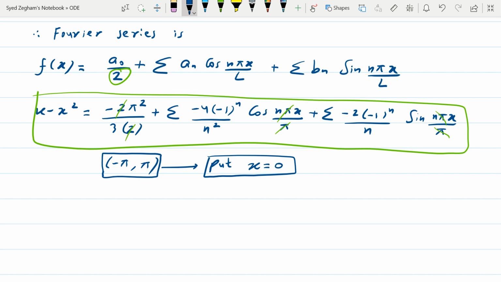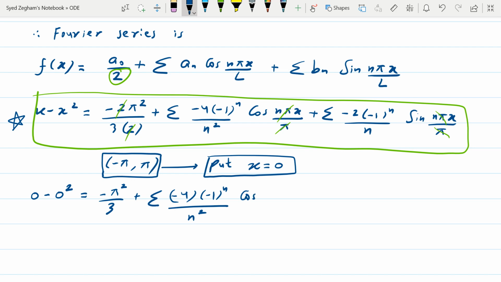So the left side will become 0 minus 0 square, which is equal to minus pi square over 3, plus summation of minus 4 times minus 1 power n divided by n square, cosine n times 0, that will become cosine 0, plus summation of minus 2 times minus 1 power n divided by n, sine n times 0, that will become sine 0.